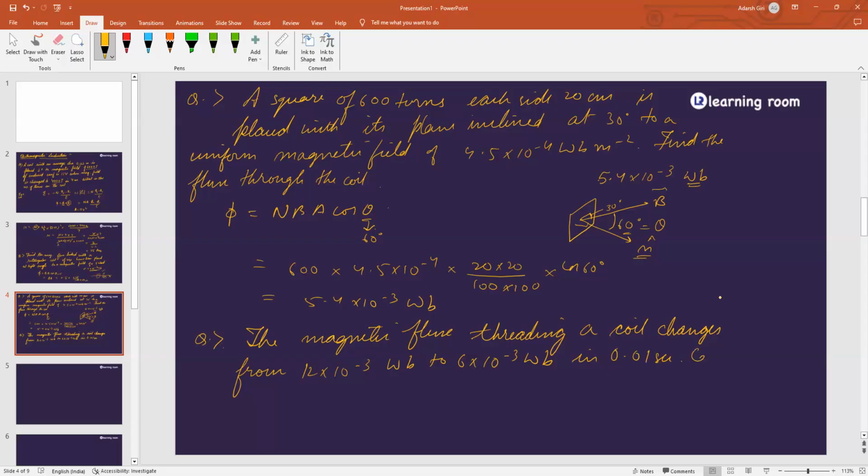So you have to calculate the induced EMF. Calculate the induced EMF. Do it.